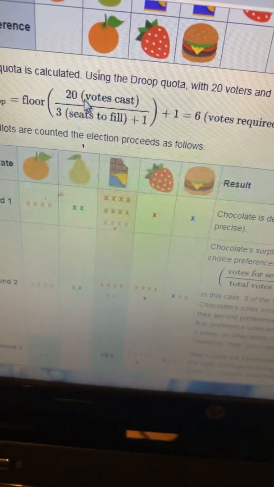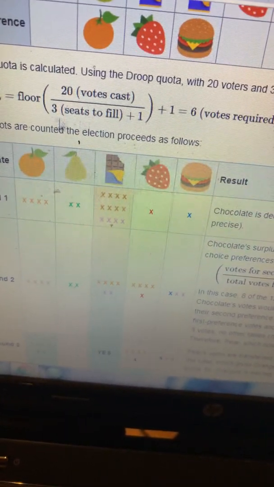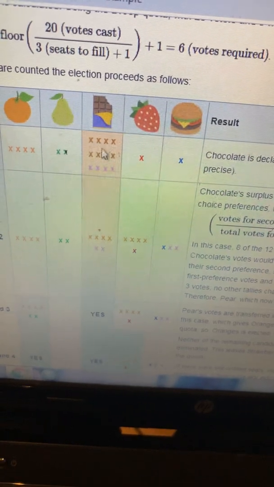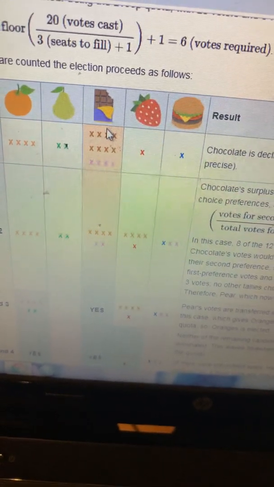We have 20 votes, only 3 seats, so 6. Let's count the first round. These candidates who got the 6, this one got the most.